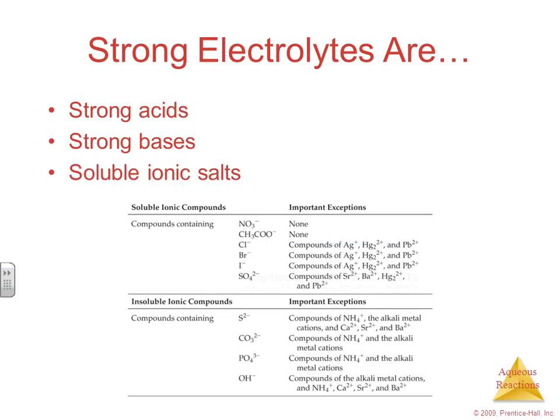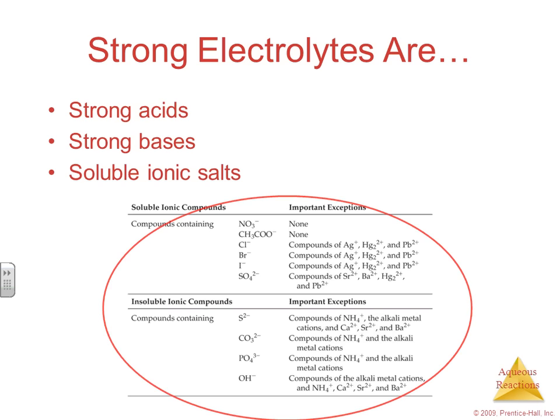And soluble ionic salts. If you have an ionic compound that's water soluble, it's going to break apart 100% of the ions, and you're going to be a strong conductor of electricity. And what this really is looking at is what we were talking about with our solubility rules. So soluble ionic salts are strong electrolytes. So strong electrolytes are basically strong acids and bases and your soluble ionic substances.